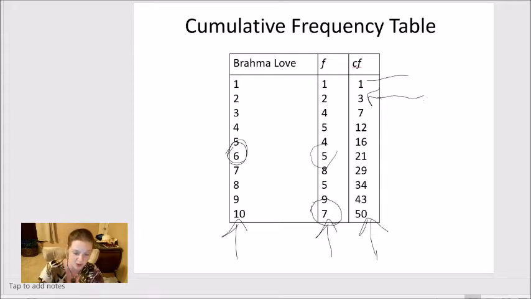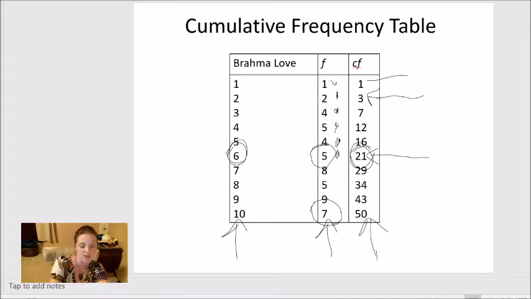And I see that 5 people chose 6. 21 people chose either 1, 2, 3, 4, 5, or 6. Because 1 plus 2 plus 4 plus 5 plus 4 plus 5 is, you guessed it, 21. You're keeping a running total in a cumulative frequency table. You're counting up the people as they accumulate as you go up your quantitative scale. It's called a cumulative frequency table.